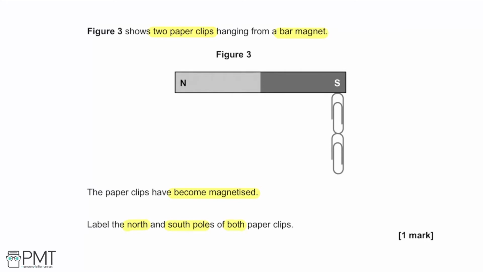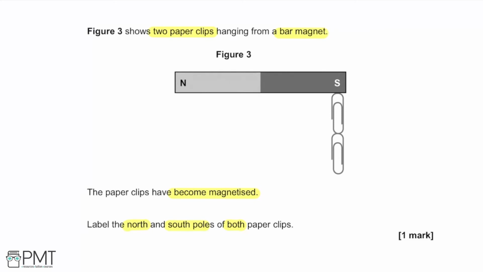So initially here we're working with magnets, we're working with a permanent magnet and attraction. So I'm instantly thinking that a key piece of information I'm going to be working with is that opposite poles attract one another. So the paper clips in this case have to be induced magnets, meaning that when they enter the magnetic field of the permanent magnet here, the bar magnet, the south pole of the magnet will induce a north pole at the top of the paper clip.